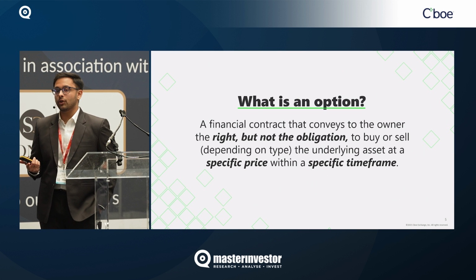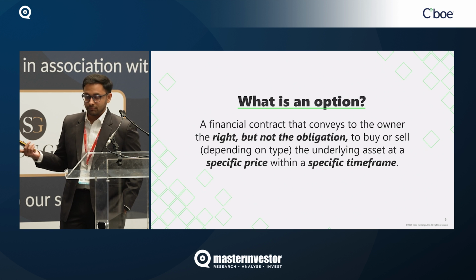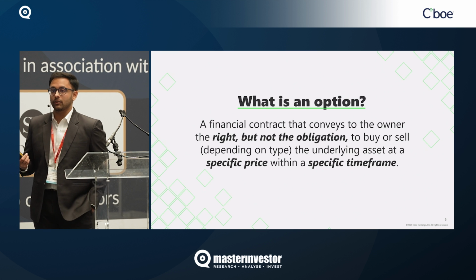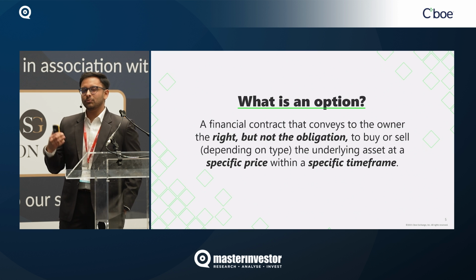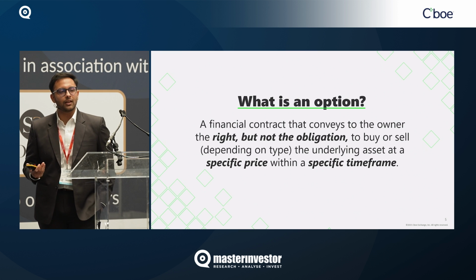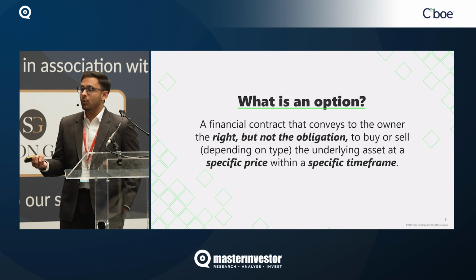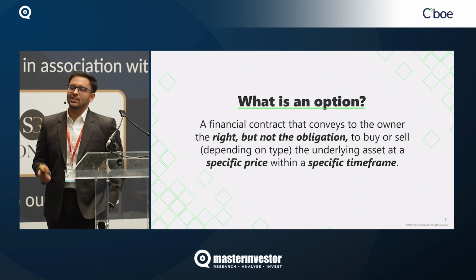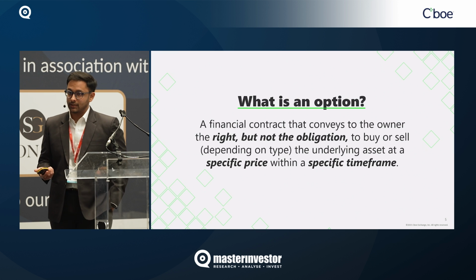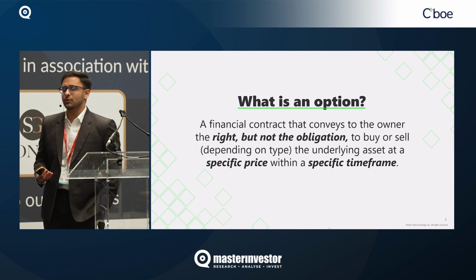Calls give the owner the right but not the obligation to buy the underlying asset, and puts give the owner the right but not the obligation to sell the underlying asset. When you hear this definition for the first time, you might think this sounds a lot like a futures contract or a forward contract. So what's the difference? An option is just that: it's a choice. So options offer you more flexibility in making your trading decisions.